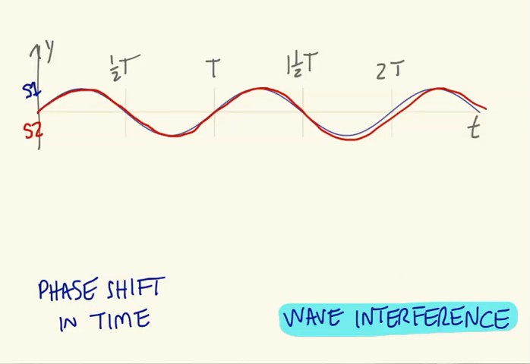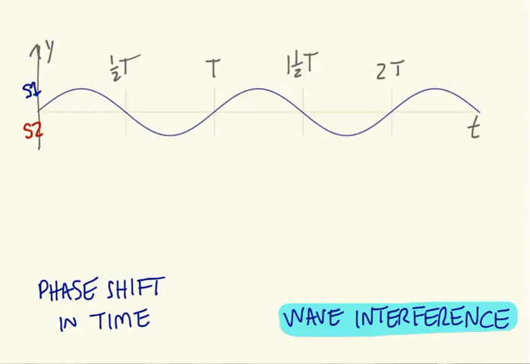Okay? So the question would be then, what would happen if we took source 2 and we gave it a phase shift in time by a certain amount? Well, in this case, if I phase shifted in time by 1/2 of one period, what source 2 is going to be doing is what source 1 is doing 1/2 a period later.